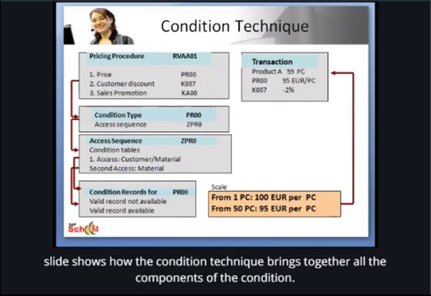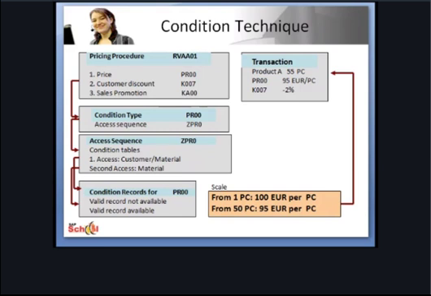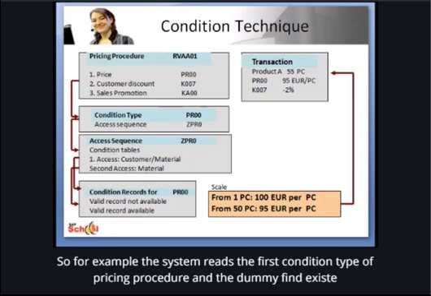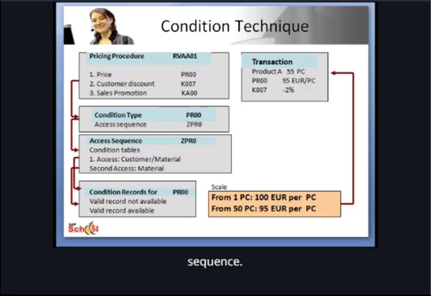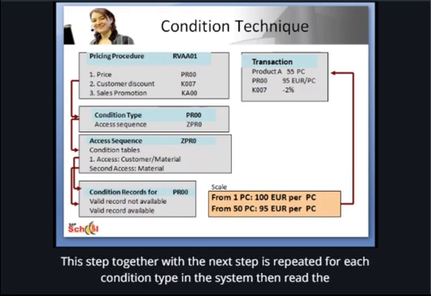This slide shows how the condition technique brings together all the components of the pricing conditions and pricing procedures. So for example, the system reads the first condition type of the pricing procedure and determines the assigned access sequence. This step, together with the next step, is repeated for each condition type in the pricing procedure.